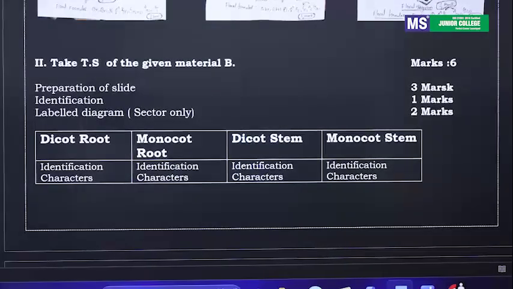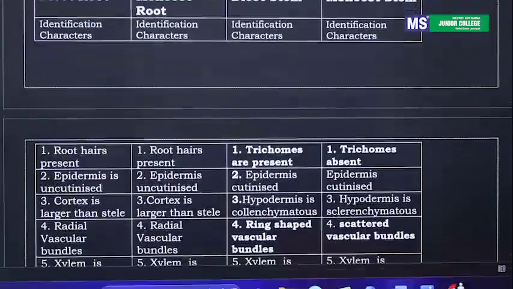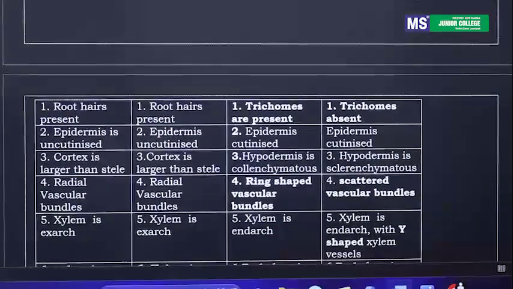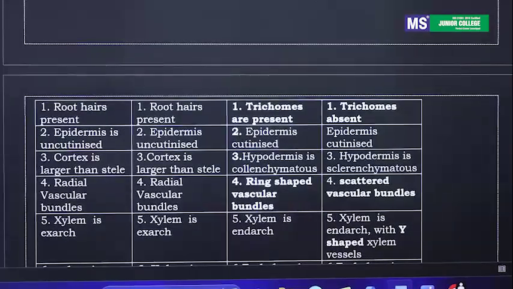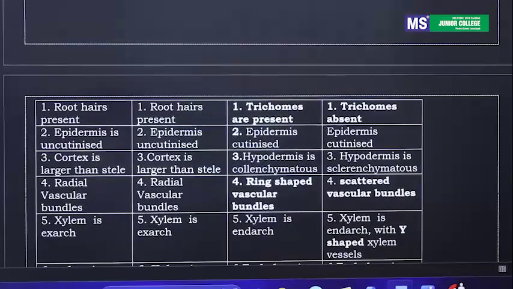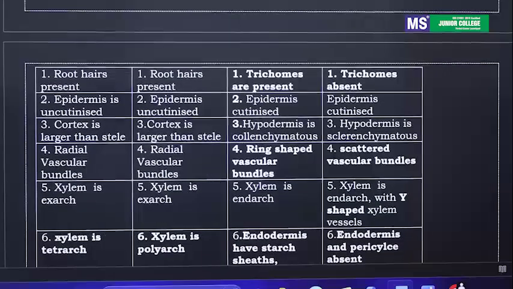Now here also, for identification characters, we made it very easy for the students to learn in a comparative orientation. And here the first one is dicot root identification character. We need to compare both the roots and both the stems together, then we can learn it very easily.